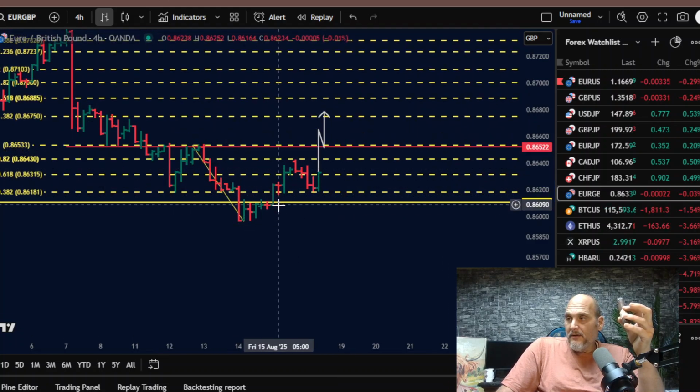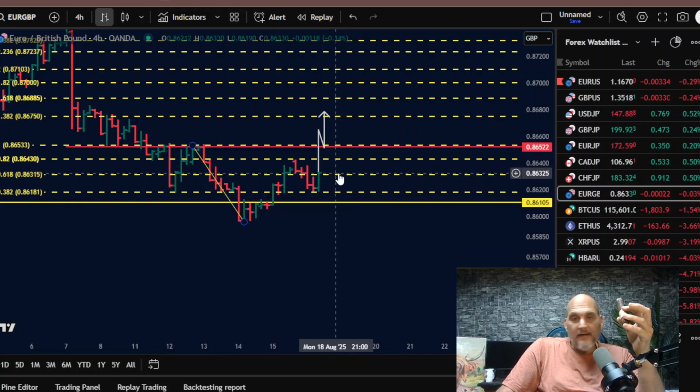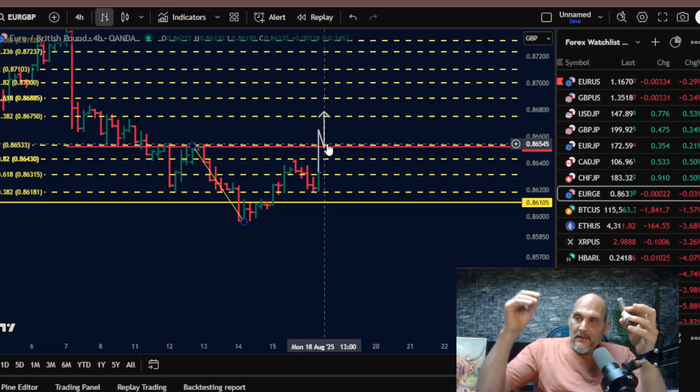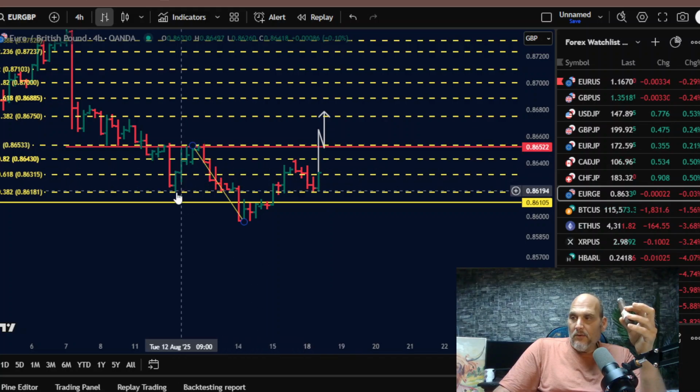You'd look at the 382 level and the 618 level as the pullback because you broke up twice, with two consecutive 4-hours. It always works better on longer term, like 4, 6, 8. But if you're a short-term trader like myself, I use the 4-hour. Sometimes I use a 3, but that's what you would do.